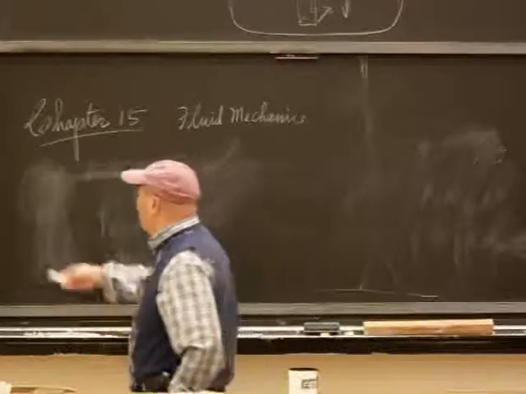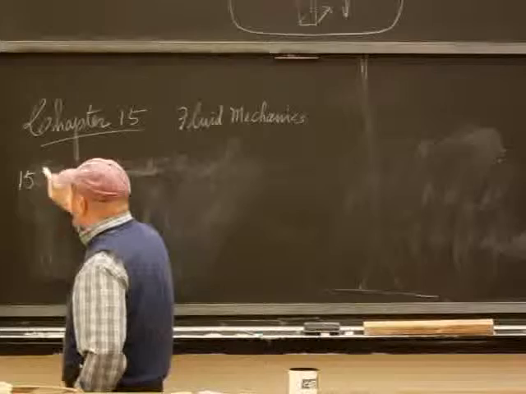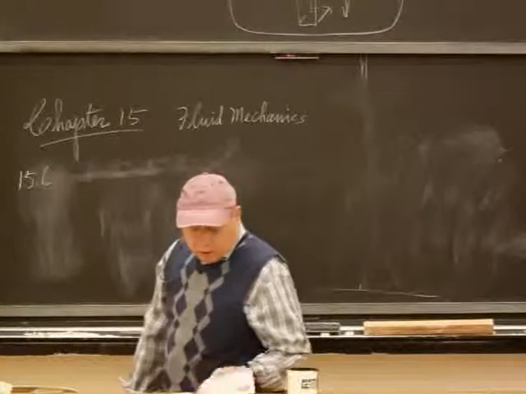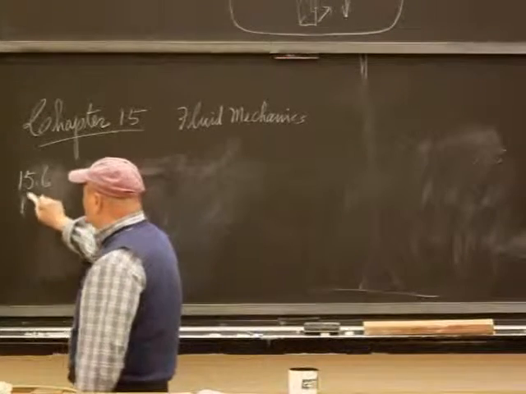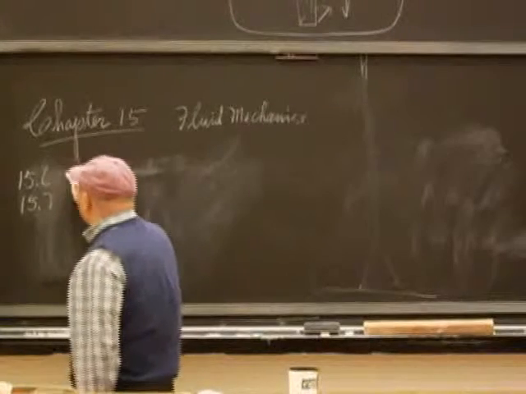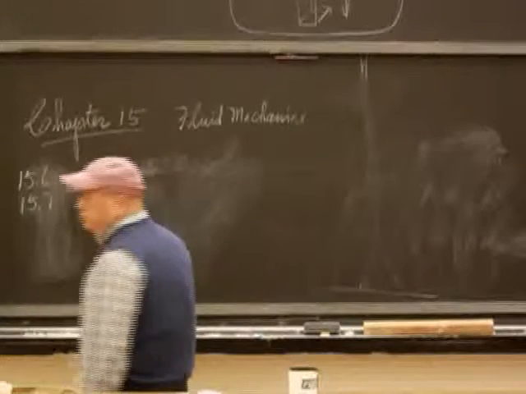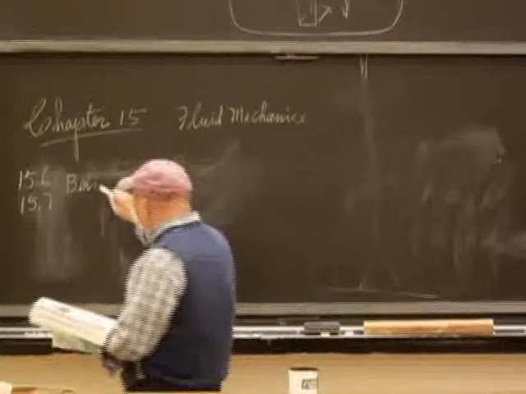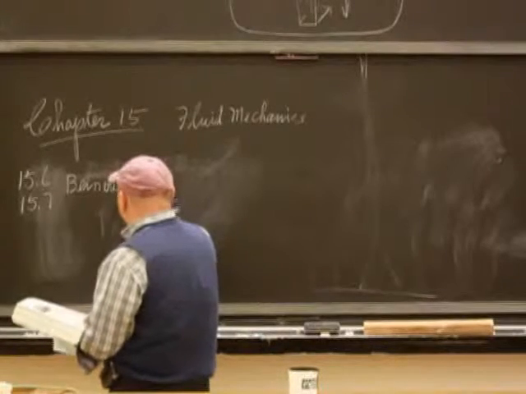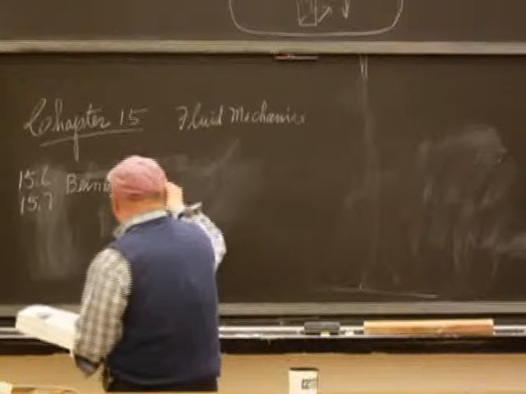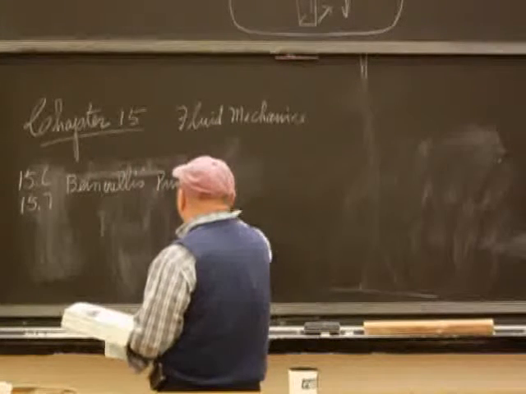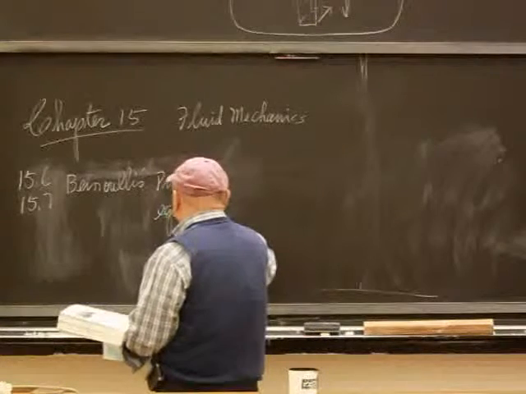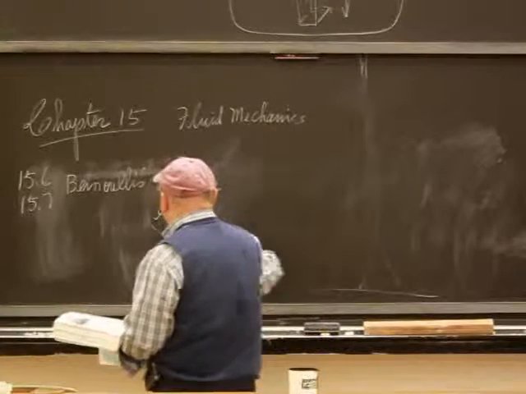Now, the next thing we are going to talk about is section 15.6, and then the next one, 15.7. This one is called Bernoulli's principle. Bernoulli is spelled B-E-R-N-O-U-L-L-I. They call it either a principle or an equation.